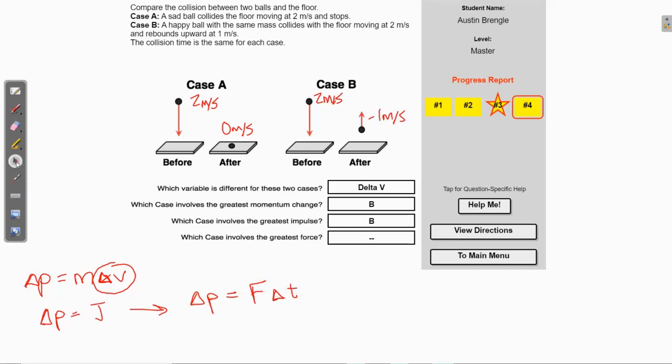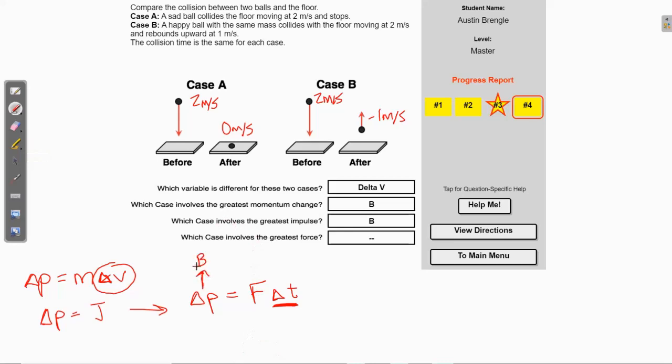Well, the problem told us that the change in time for the problem here stays the same. So nothing happens to that. So then the question is, how do we tell the force? Well, we said that B has a greater momentum change. So for B, this number is increased.